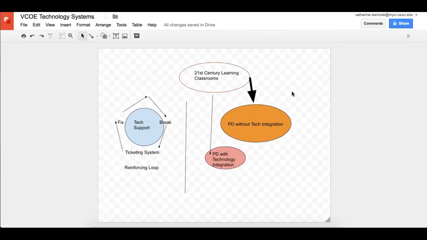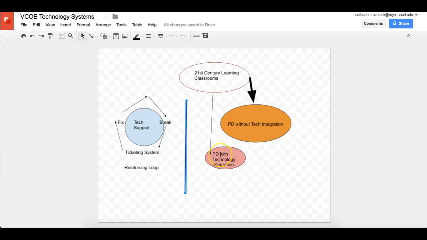I'm doing fine. So again, I think that in our system within VCOE, and the reason I drew this line is that I think we have this aspirational self, again, for 21st century learning, and the bulk of what gets done is PD for teachers without technology integration.